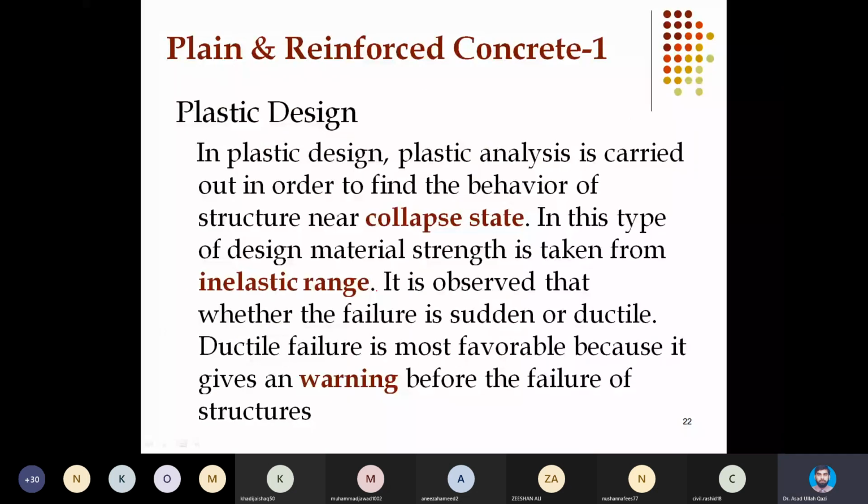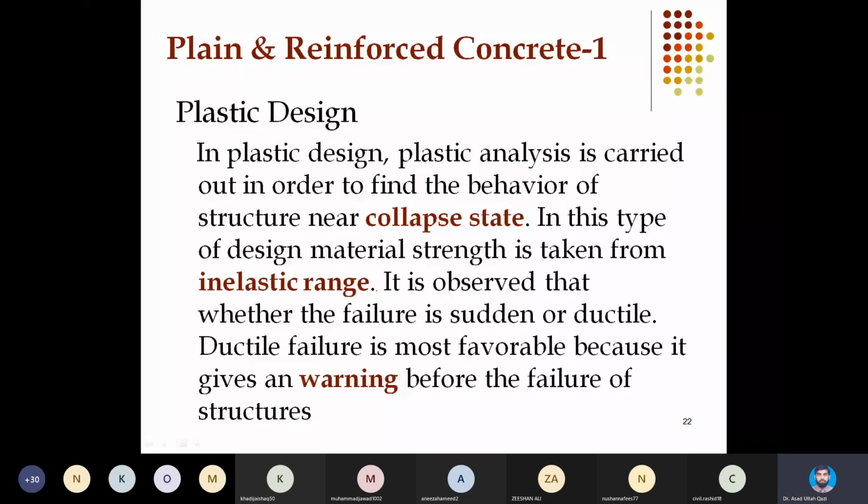In plastic design, plastic analysis is carried out in order to find the behavior of a structure near collapse load. So non-linear state, non-linear analysis, and non-linear design.